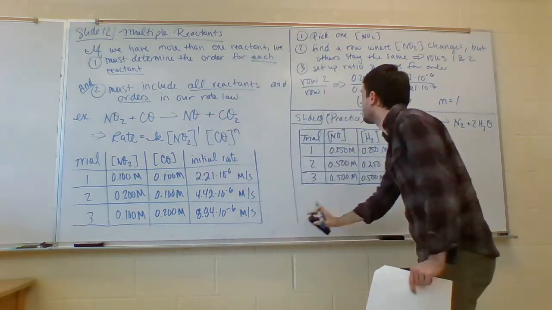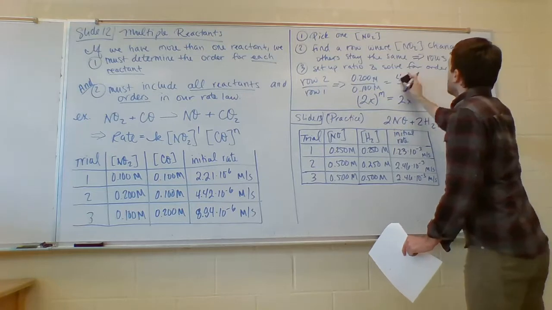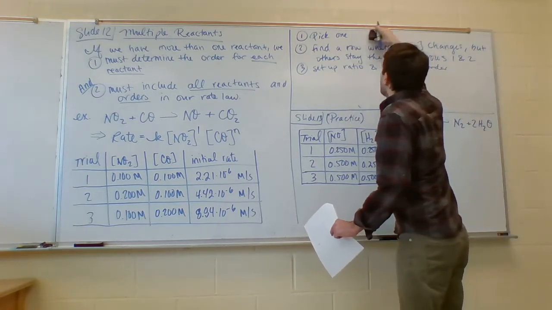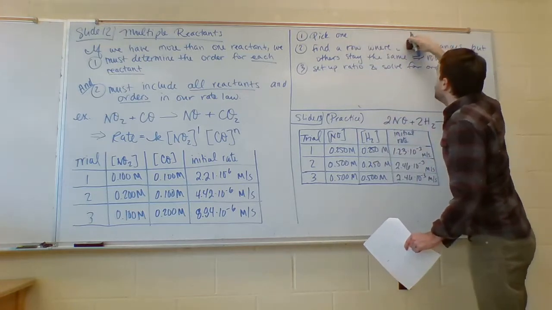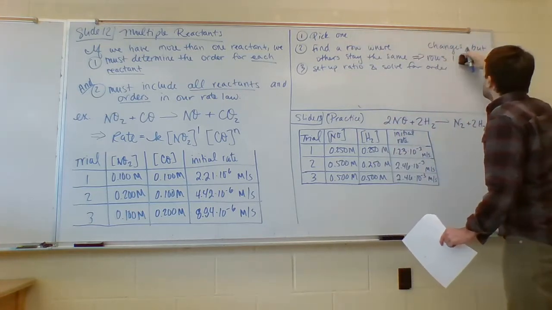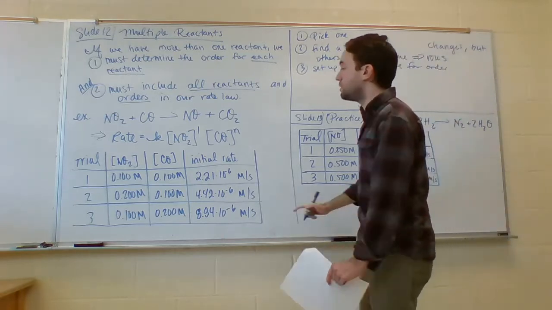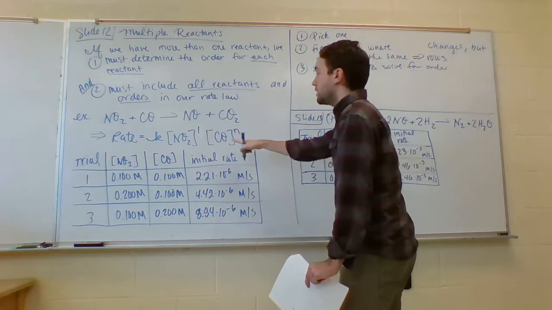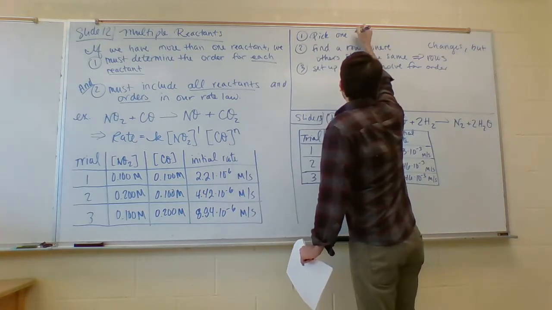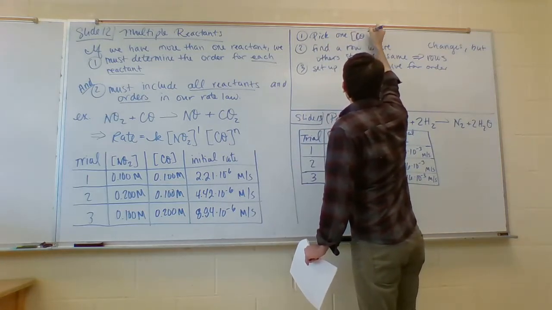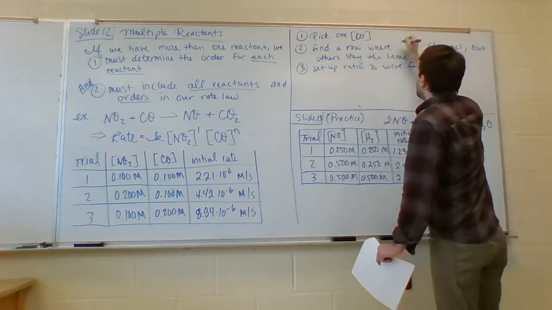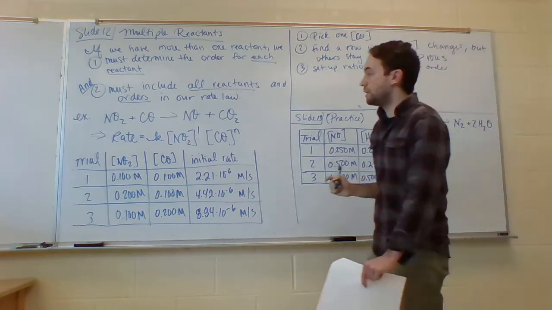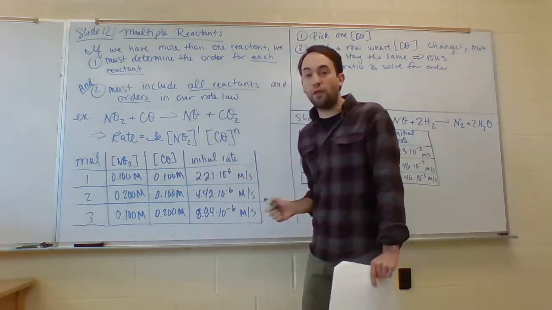Then, following the same procedure, I just did the NO2. Now I'm going to pick the other species, and I'm just going to work my way through my rate law. So the next one is CO. I'm going to take my concentration of CO and look for a row where the CO concentration changes, but none of the others change.